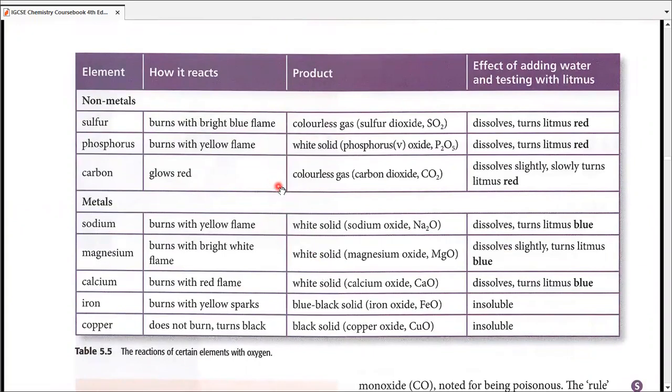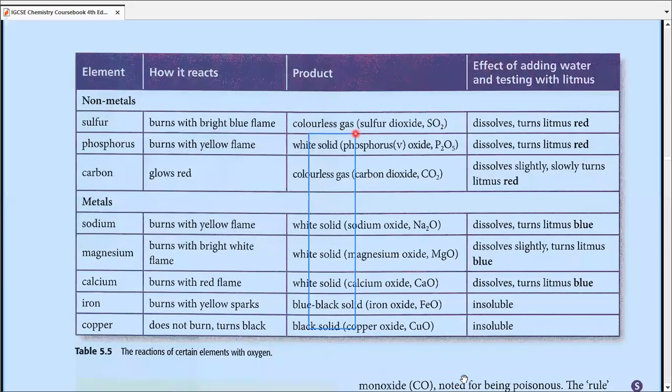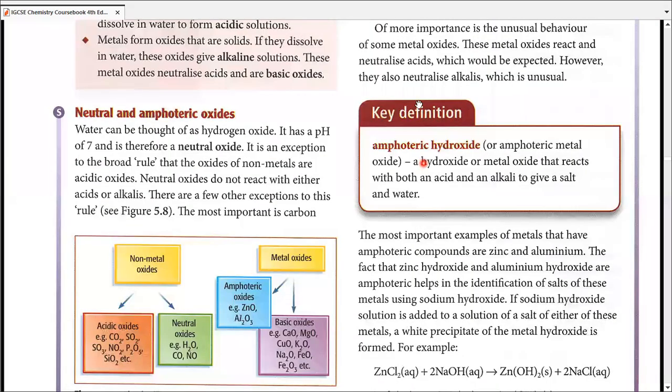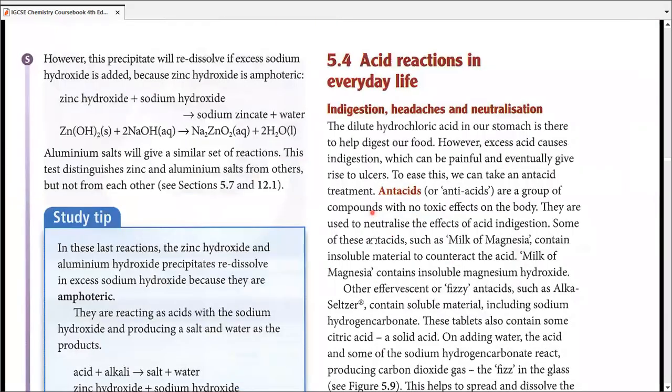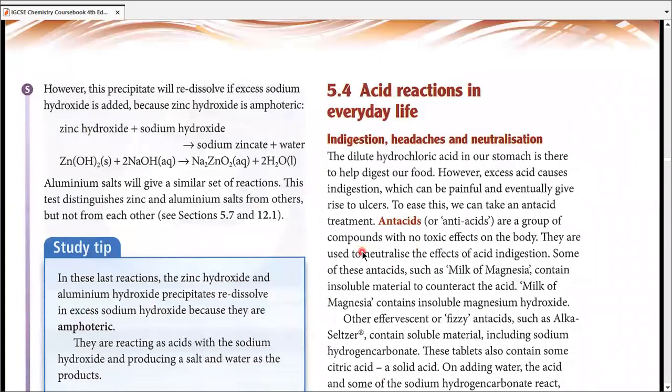Flame colors, colors for litmus, whether they're going to turn red or blue, or the appearance of products as gases or solids along with their colors. So there is a lot to memorize in terms of facts in this topic. So make sure you do, because these memorization points have been tested in Cambridge way too many times, which finishes the topic.